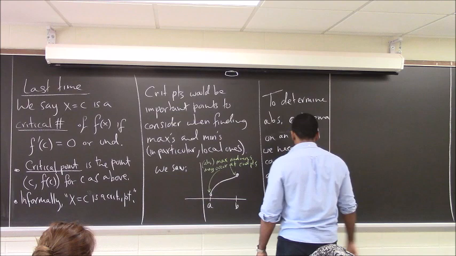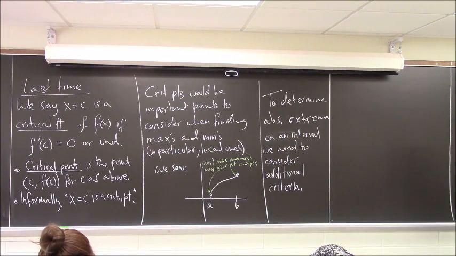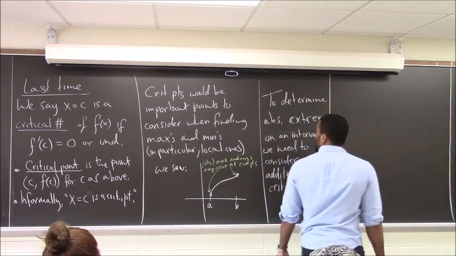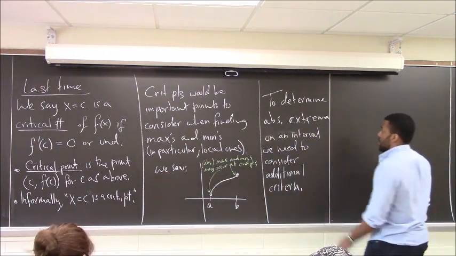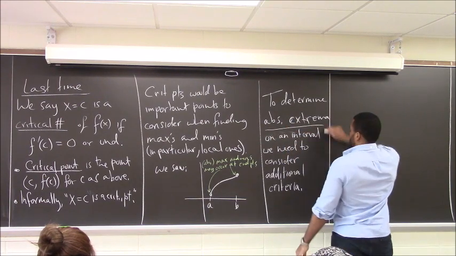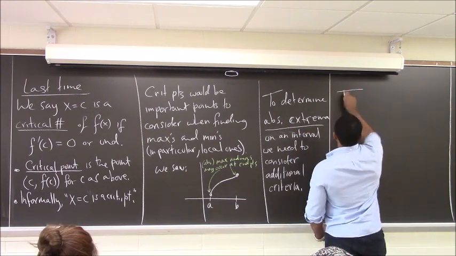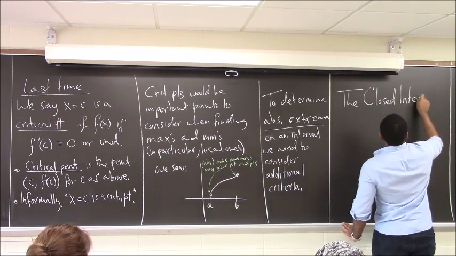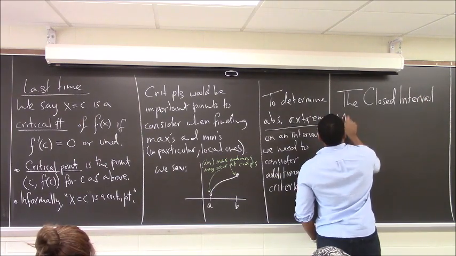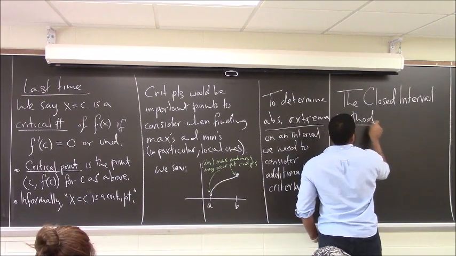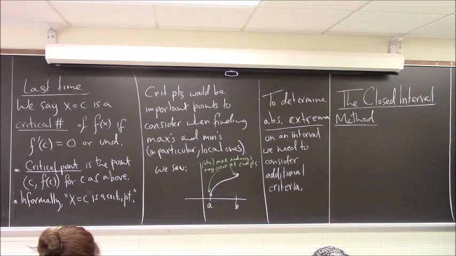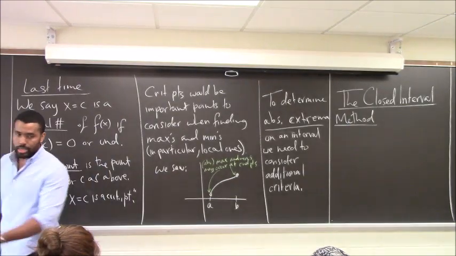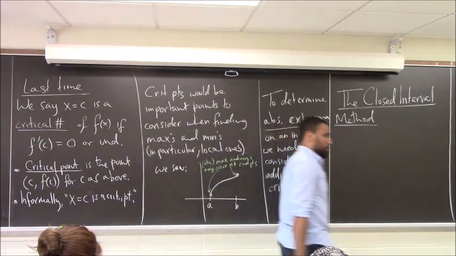This goes to the question that John asked last time. What about at the endpoints? How can we determine if that's the point that we need? In the case that we want to find absolute extrema, we use something called the closed interval method. It's so called because we use it when we're considering things on a closed interval, and math people aren't very inspired with naming things.